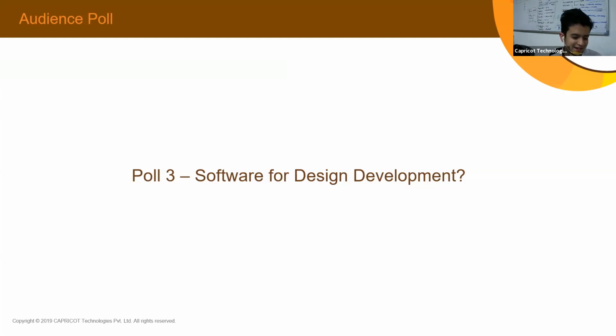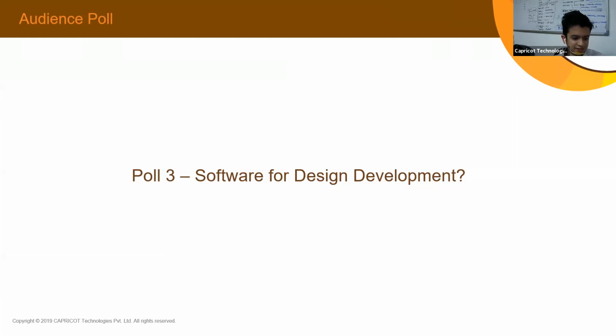Okay, so now I'm ending the poll. Yes, AutoCAD is being widely used, but since you already see the result, a lot of users are actually using Revit right now, 67%. A lesser number of users are using AutoCAD. Some are using Rhino as well, maybe only 3% ArchiCAD, and some are using other software also.